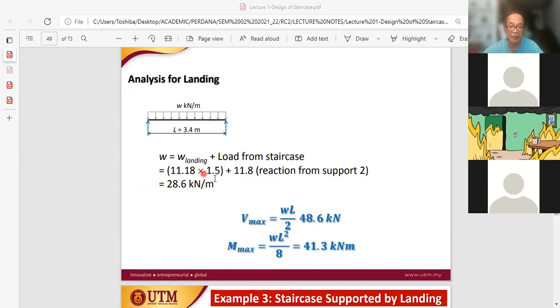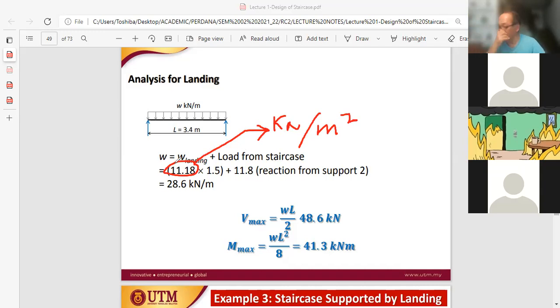Why do we multiply by 1.5? Remember, this value of 11.18 has the unit kilonewton per square meter. The unit for the load we calculated earlier acting on the landing only is 11.18 kilonewton per square meter.